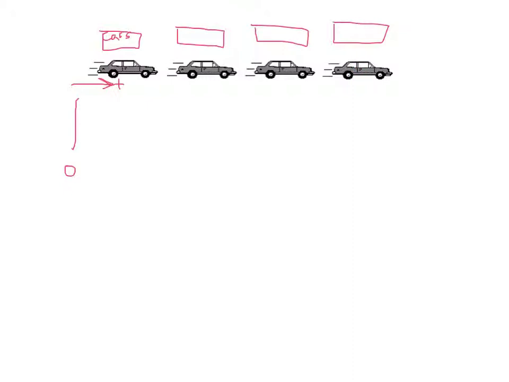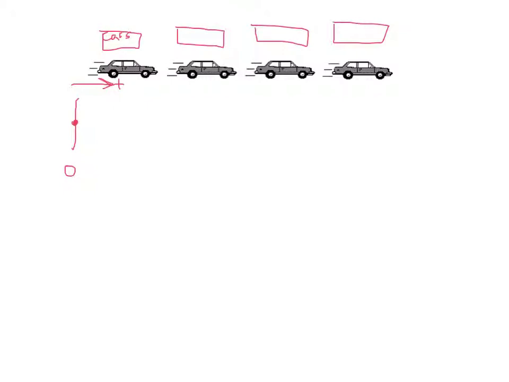So, how do we make that look in a motion map? Well, if this is my 0 position, and I'm going to say the car starts at the 0 position, then I will draw a dot. A dot represents the car position at a certain time.